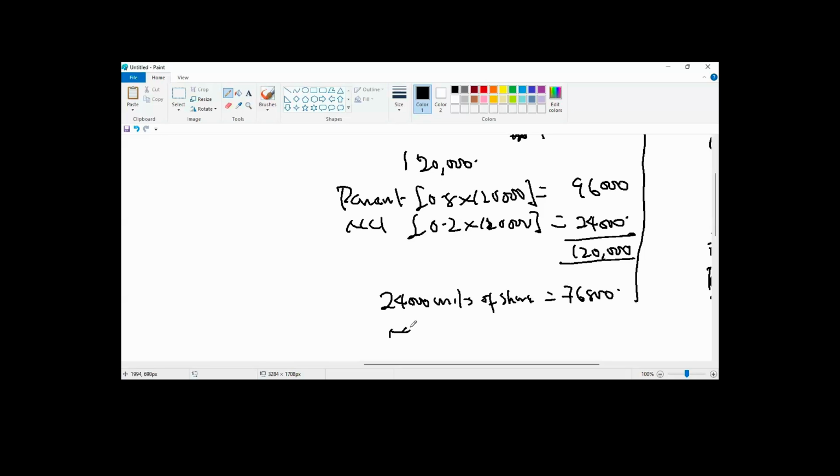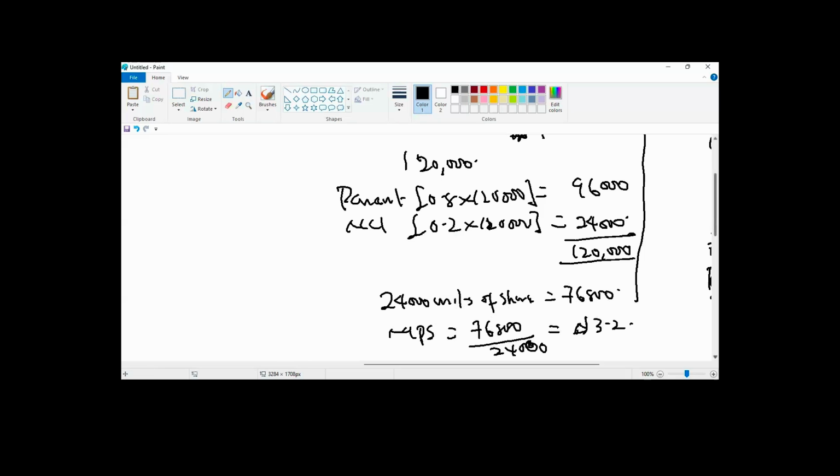So I can get the market price per share because it's at fair value. If you want to buy 24,000 units at the date of acquisition, this is the fair value. 76,800 divided by 24,000 is 3.20. 3 naira 20 kobo, that is it.